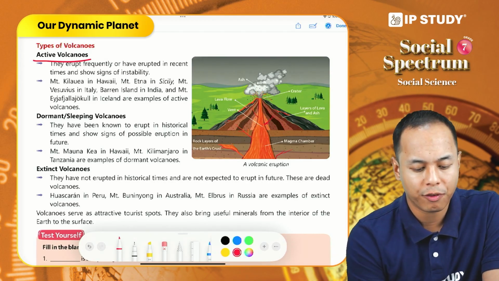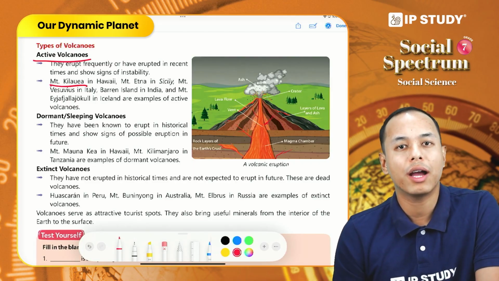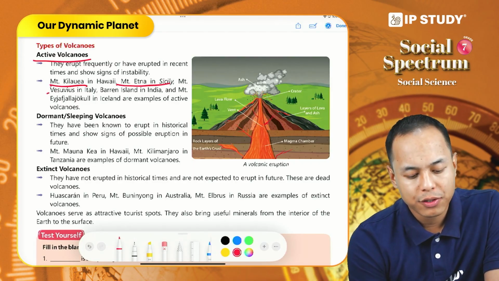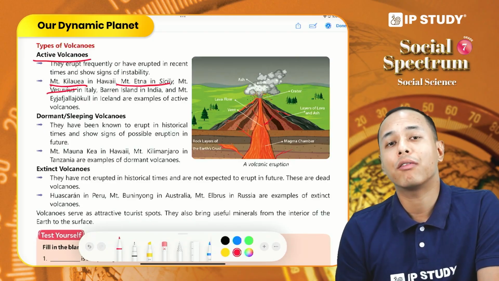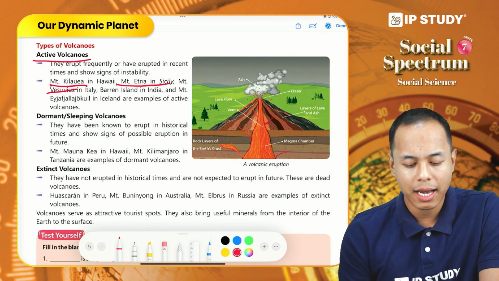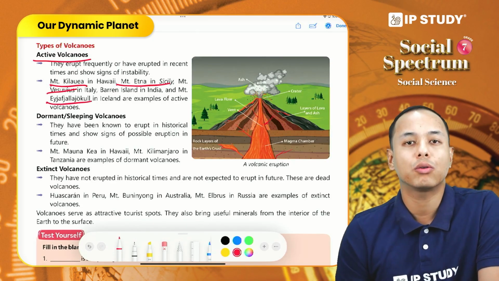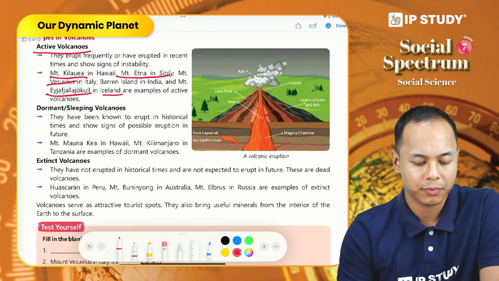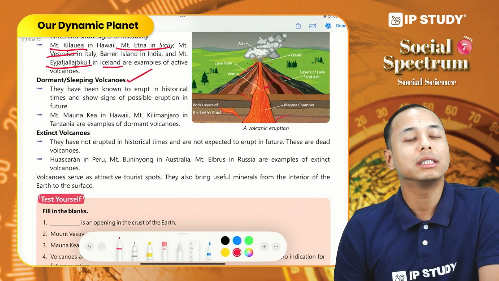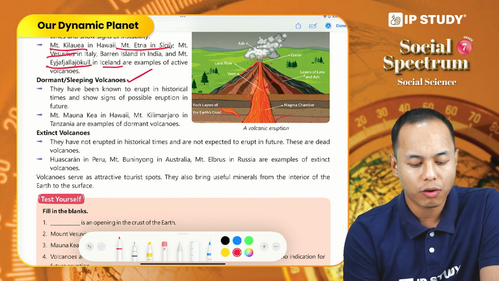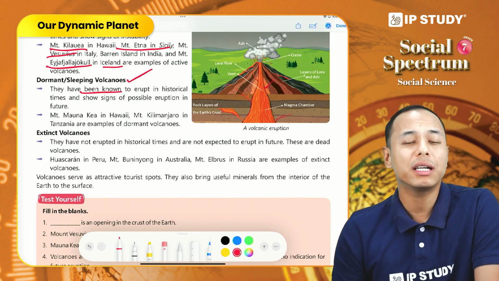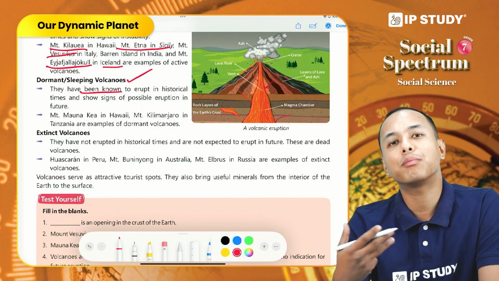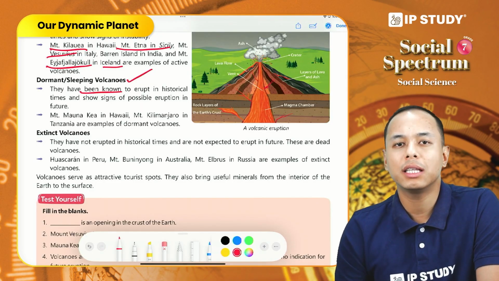For example, Mount Kilauea in Hawaii, Mount Etna in Sicily, Mount Vesuvius in Italy, Barren Island of India, which is the only volcano of India, and Mount Eyjafjallajökull in Iceland. So these are examples of active volcanoes. Dormant or sleeping volcanoes have erupted in historical times and there is a possibility of eruption in the future.